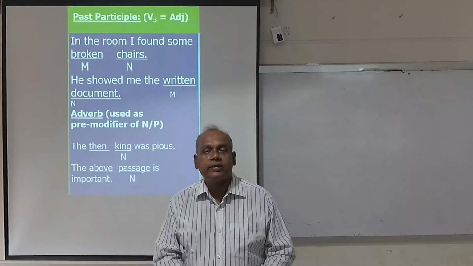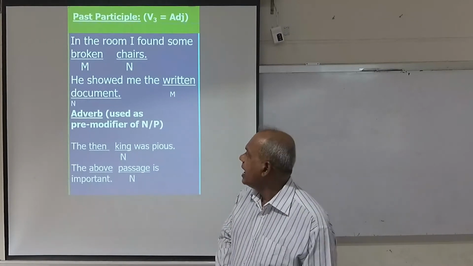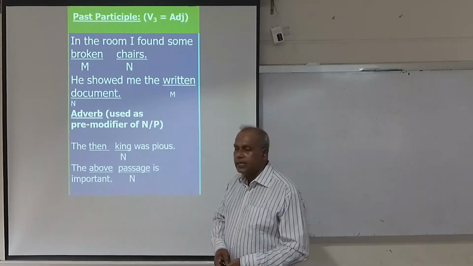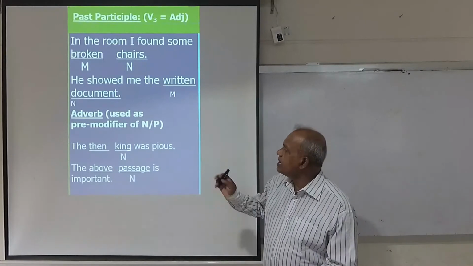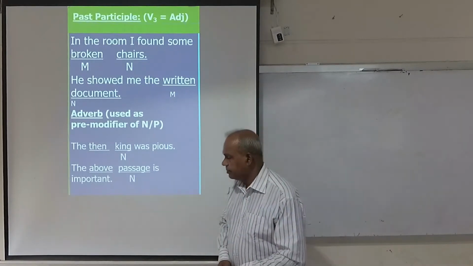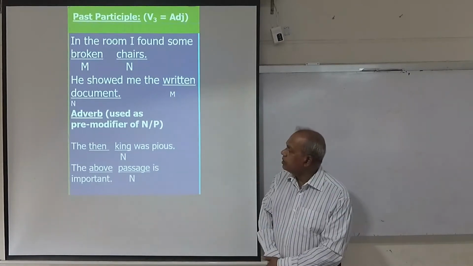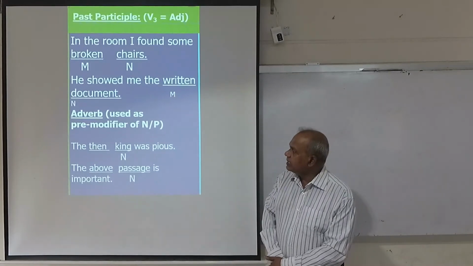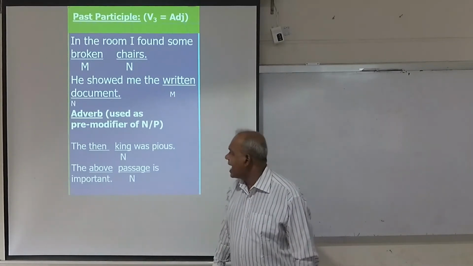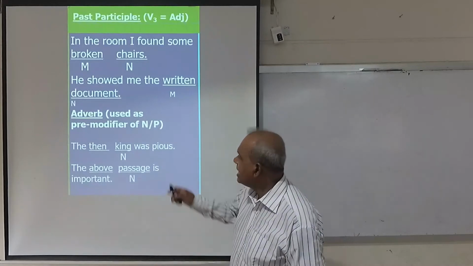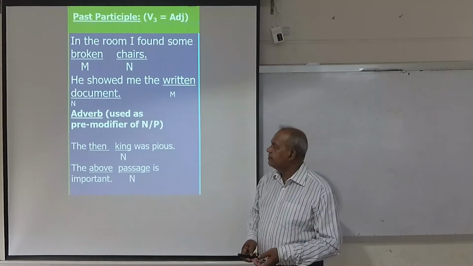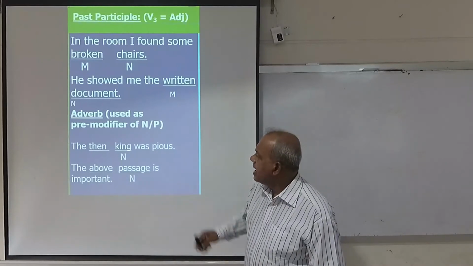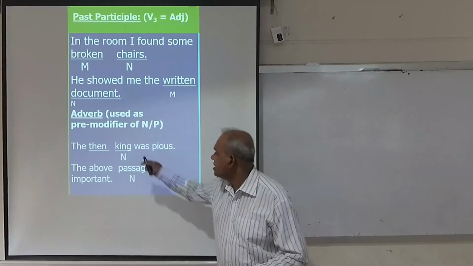You know, adverb is very important and very powerful in the parts of speech. Adverb may be used as pre-modifier of noun or pronoun. Now look at the sentences. The then king was pious. The then king. Then is known as adverb, and it is used here as a pre-modifier, and this word modifies the word king.